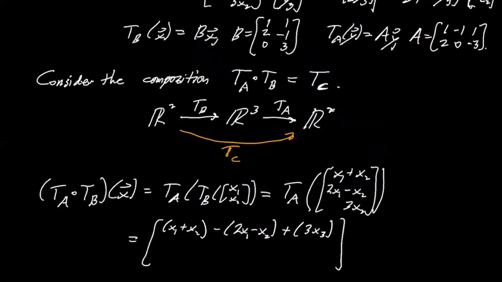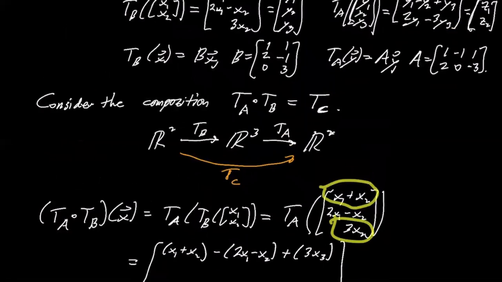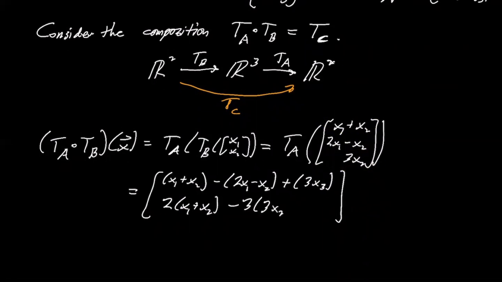And then the second row was 2 times the first minus 3 times the third. So 2 times x1 plus x2 minus 3 times 3x2. Okay. So what happens when you simplify that? You should probably pause and simplify it yourself.